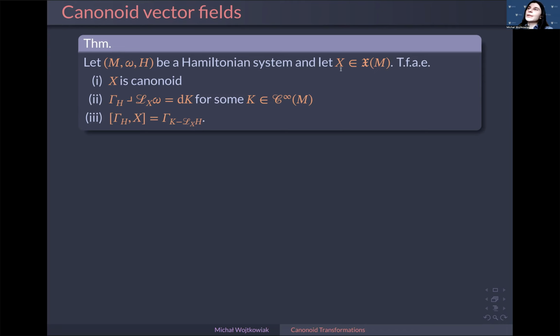This is also equivalent to saying that the commutator of the Hamiltonian vector field with that field X is a Hamiltonian vector field, and the function it is associated with is the difference of k and the Lie derivative of the original Hamiltonian along X.